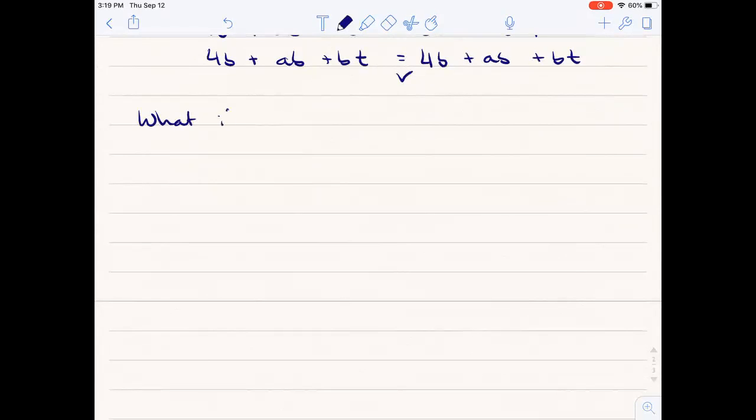What if we have to expand something like this, where we have A plus B times C plus D? You guys probably just FOIL it out, right? Boom, boom, boom, boom.